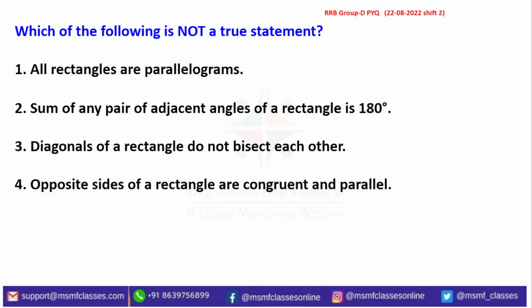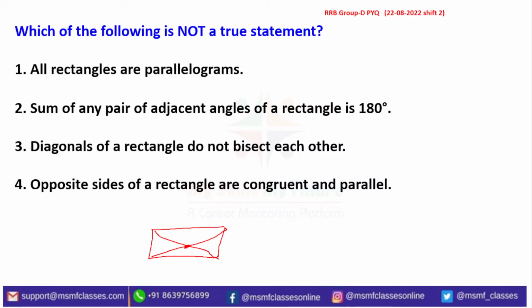Third option: diagonals of a rectangle do not bisect each other. See here, these are the diagonals.